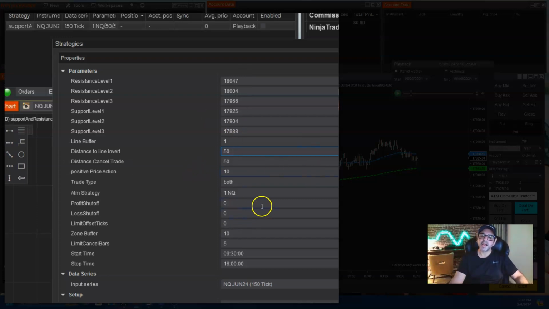You have the ability to treat a level as a resistance, and once the price breaks above that by a certain threshold, you have the option to use that level as support now. This ticks value defines how far above you want the price to go before it can use the same level as a support. So that one, ignore the other two.